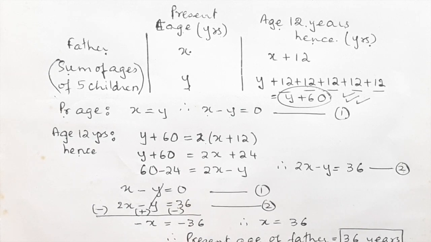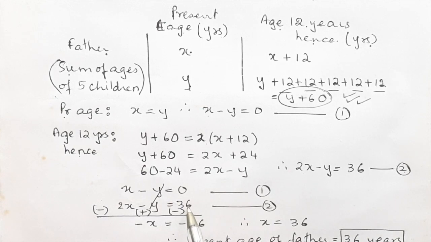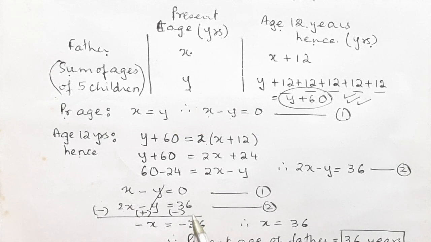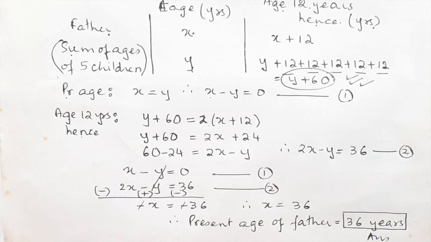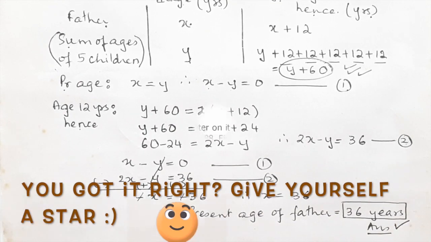We write the two equations one below the other, and we will subtract because minus y and minus y can be cancelled if we change the signs, which means subtracting equation 2 from equation 1. Y got cancelled and we have x minus 2x means minus x equal to minus 36. Minus sign got cancelled, x equal to 36. So present age of the father is 36 years, and that is our answer.